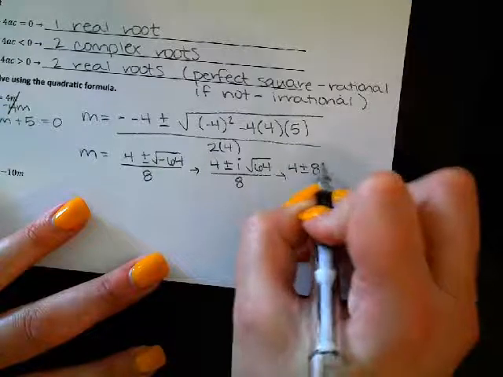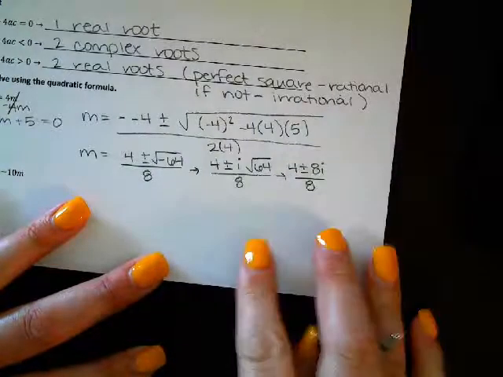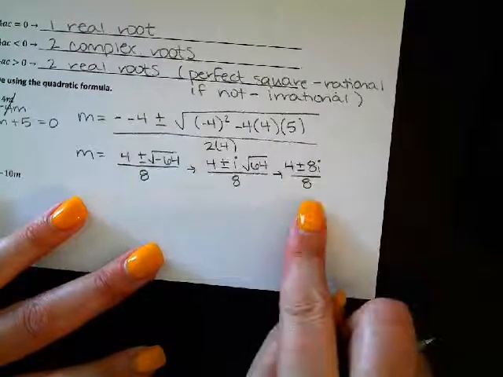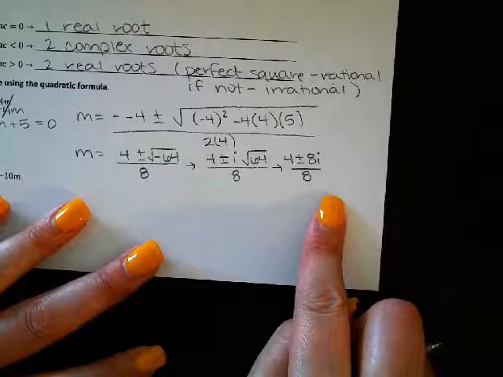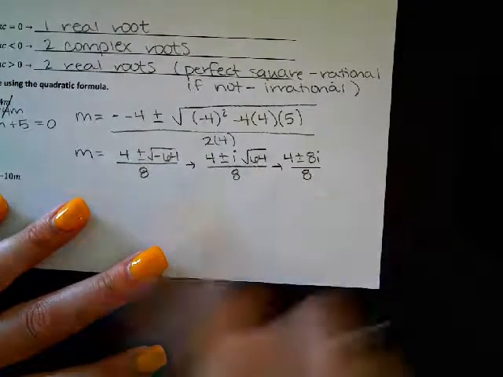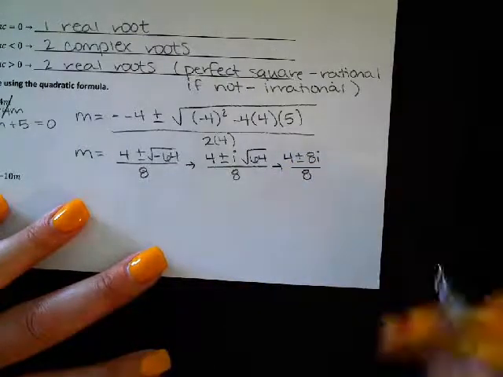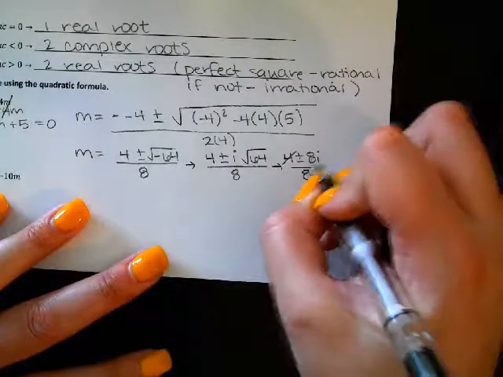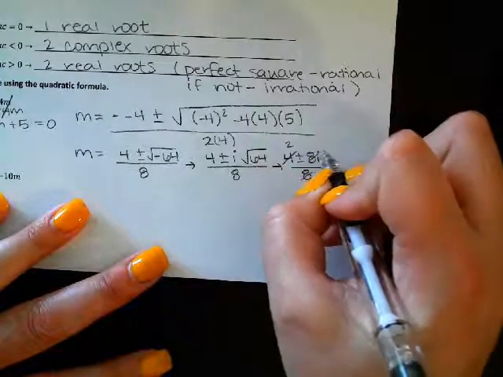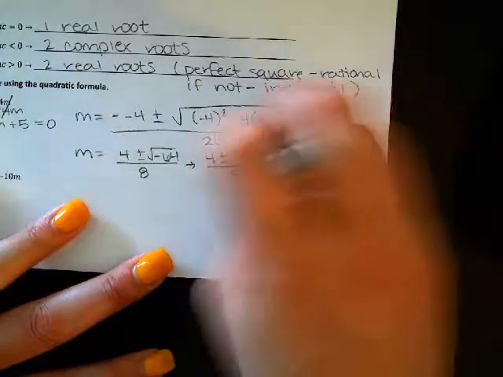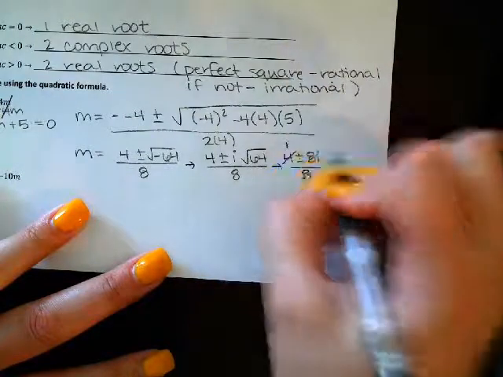And then I also can see that 4 and 8, those numbers all are divisible by 4. And anytime I see that all of the numbers can be simplified, I'm going to go ahead and do that. So I can divide by 4, divide by 4, divide by 4. And it only works if you do it for all of the numbers.